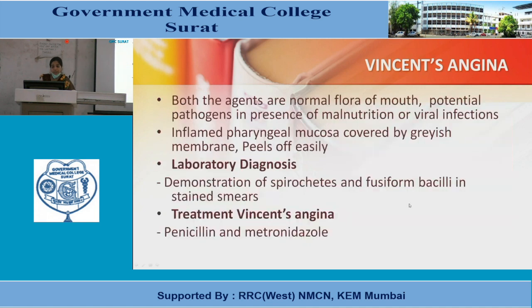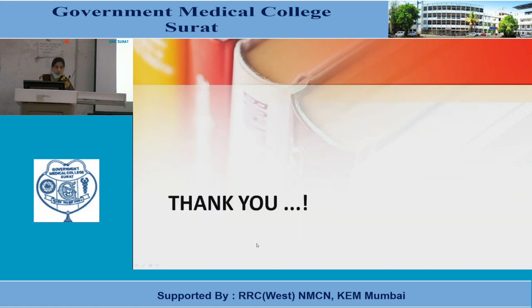Both agents are normal flora of the mouth, potential pathogens in the presence of malnutrition or viral infections. Inflamed pharyngeal mucosa is covered by a gray membrane that peels off easily. These are the same signs. Laboratory diagnosis: demonstration of spirochetes and fusiform bacilli in a stained smear. Treatment of Vincent angina is penicillin and metronidazole. It's the drug of choice. So that's all. Thank you.